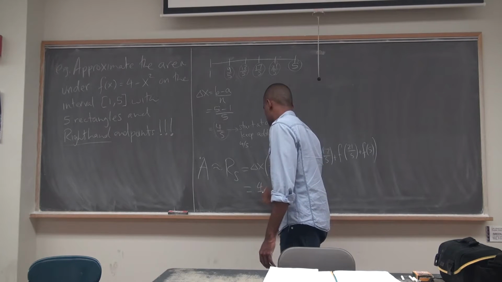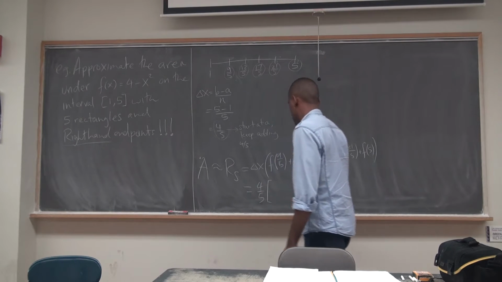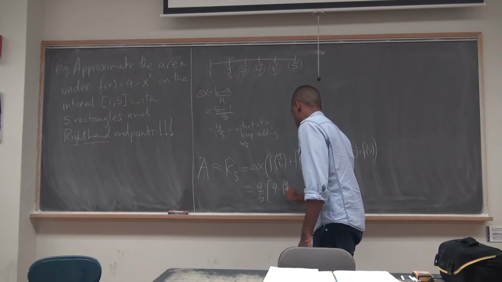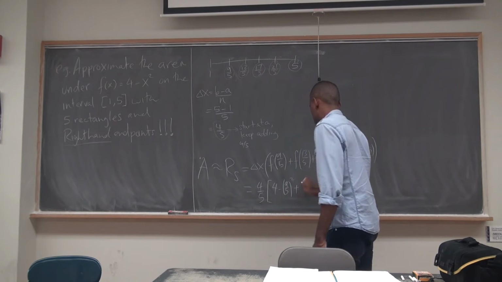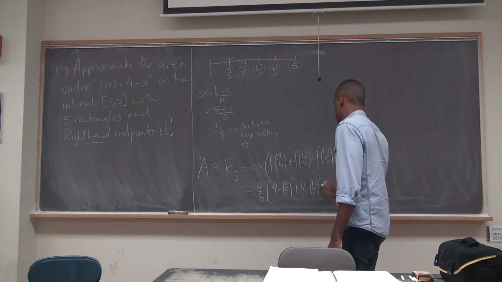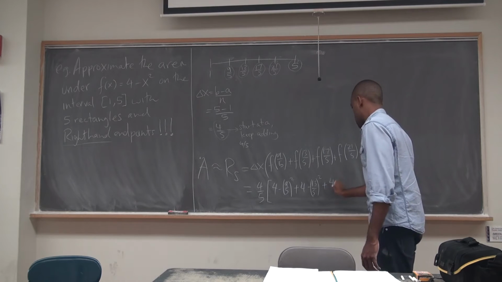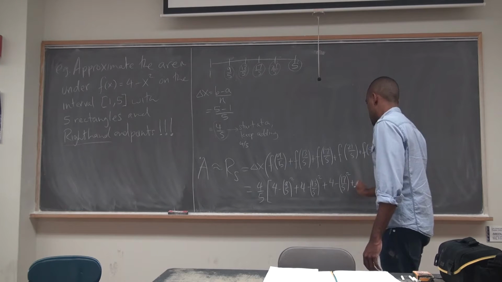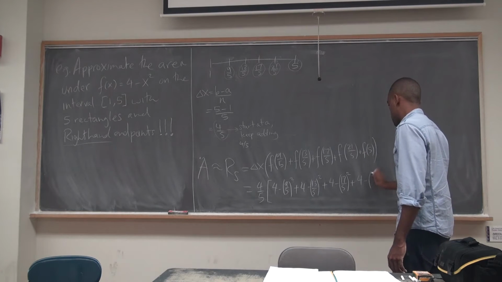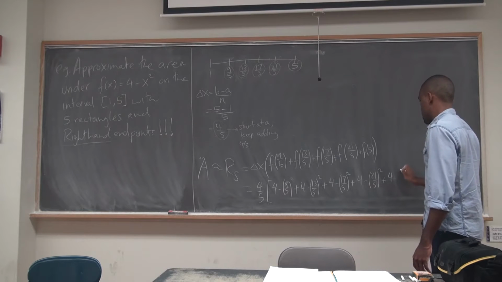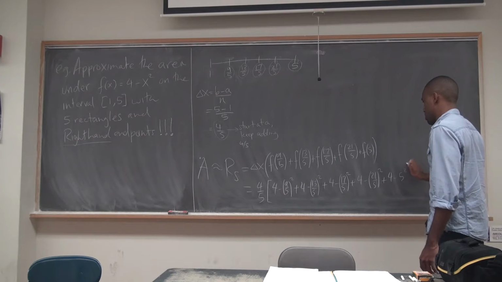Delta x is 4 over 5 times 4 minus 9 over 5 squared plus 4 minus 13 over 5 squared plus 4 minus 17 over 5 squared plus 4 minus 21 over 5 squared plus 4 minus 5 squared.